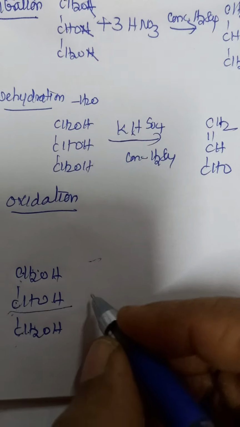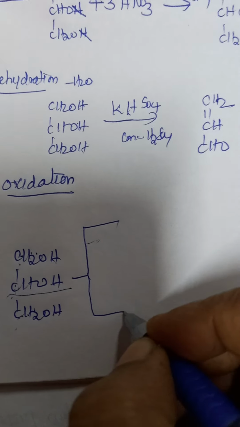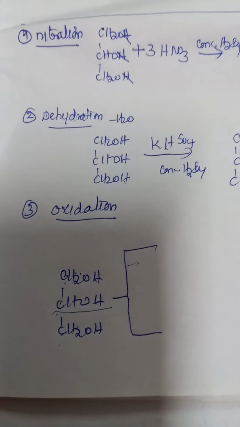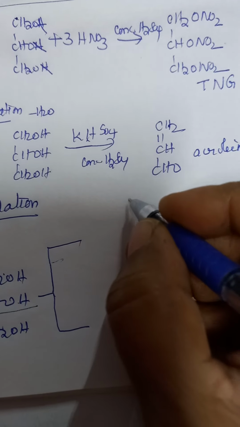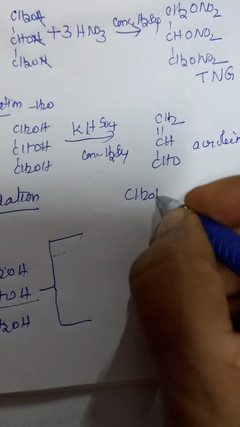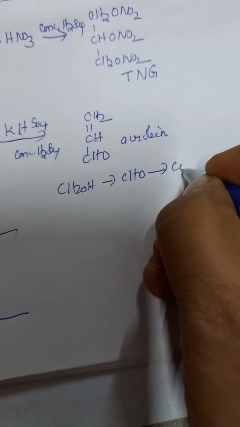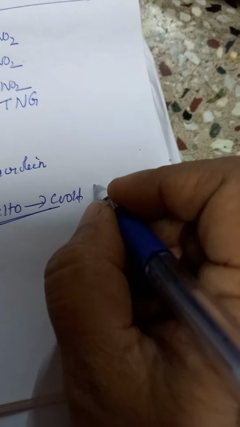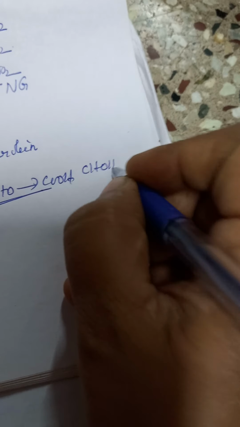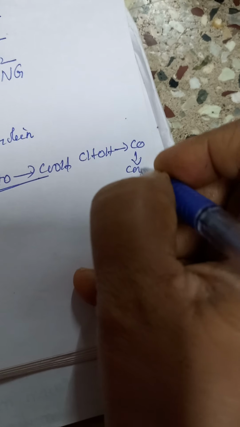Generally a primary alcoholic group is converted to an aldehyde group, then to an acid group. But a secondary alcoholic group, CHOH, is converted to a keto group, CO, then to an acid. This is the natural process.